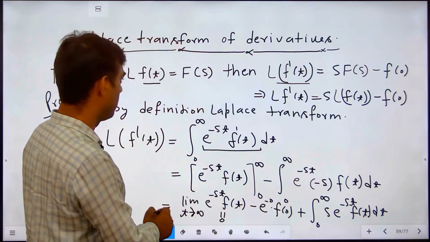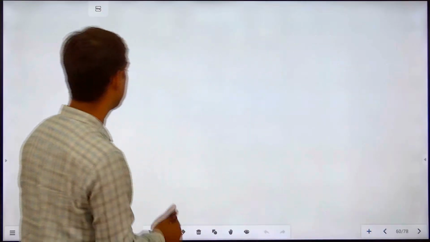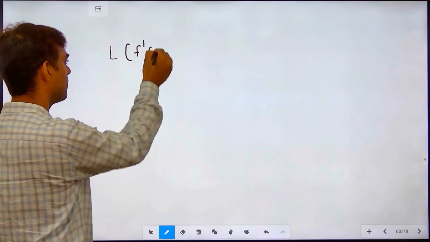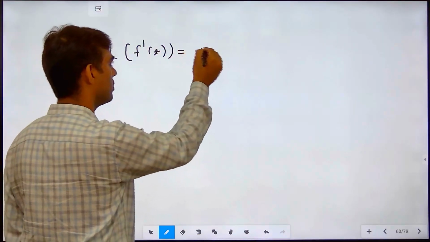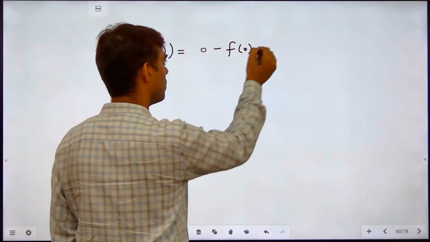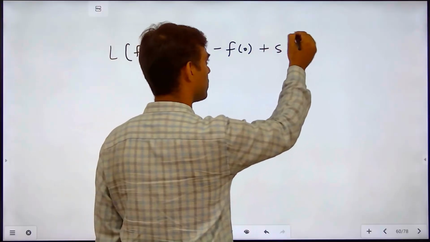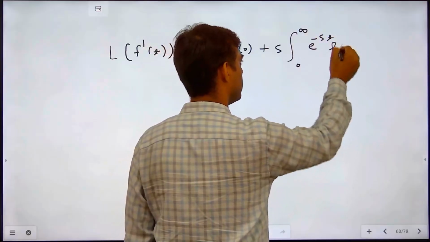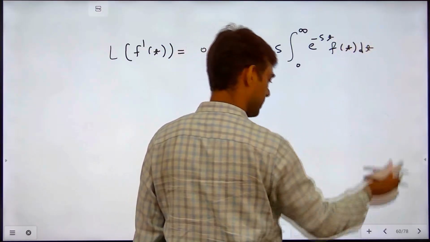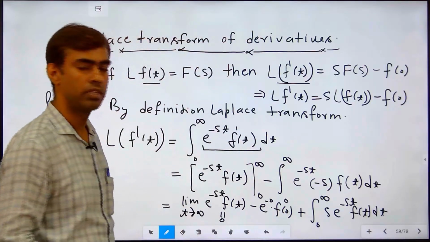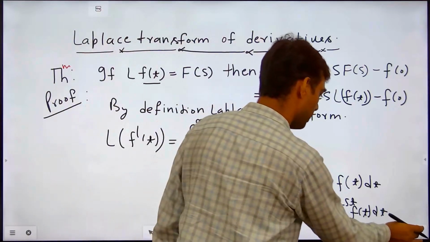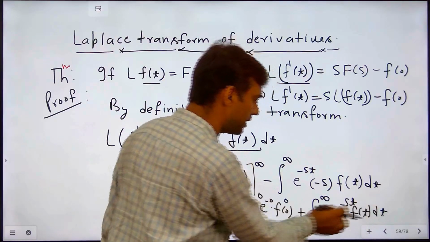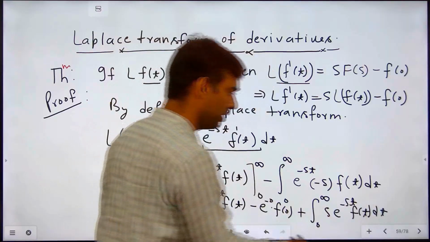So, if we write the expression in the next phase, what is the Laplace transform of f'(t)? It equals 0 minus f(0) plus s times the integral from 0 to infinity of e to the power minus st f(t) dt. Now we know that by the definition of the Laplace transform, the integral from 0 to infinity of e to the power minus st f(t) dt is the Laplace transform of f(t).